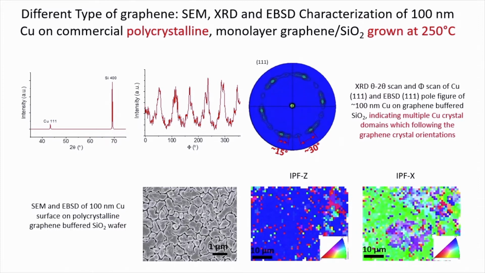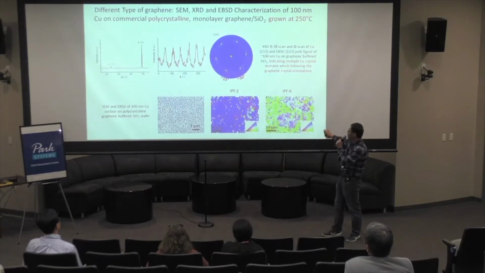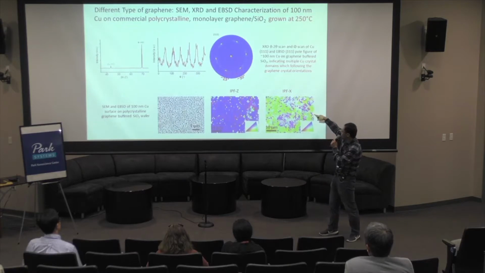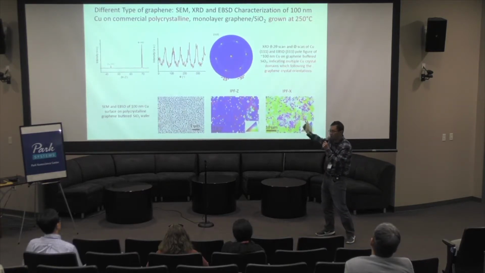The EBSD maps show that the out-of-plane orientation is basically 101, and in plane, the green region is 101 and the purple regions are the 101 direction with 30 degrees rotation.